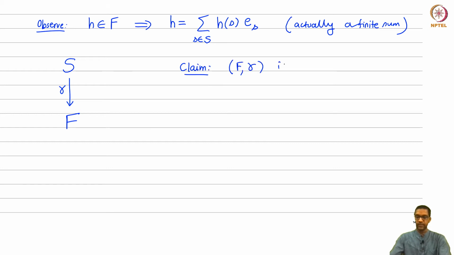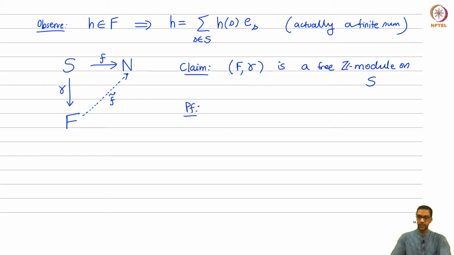So F with gamma is a free Z-module on S. In other words, given any N and any function f, I need to show that there exists a unique group homomorphism from F to N which makes this diagram commute.